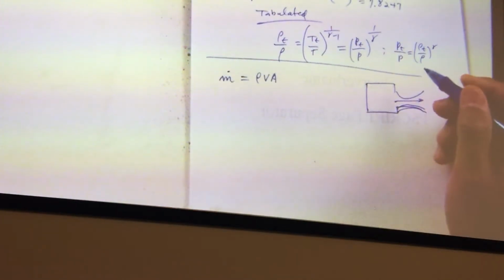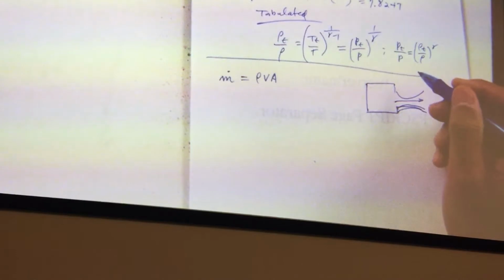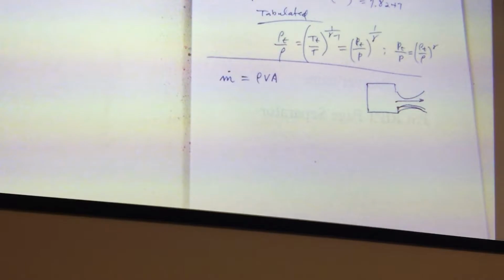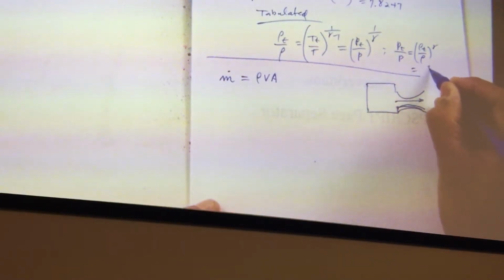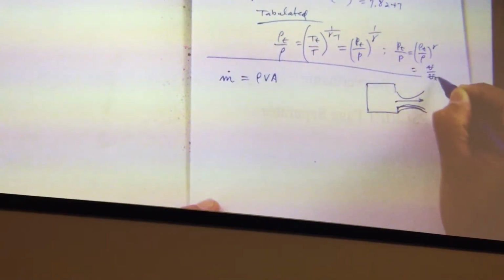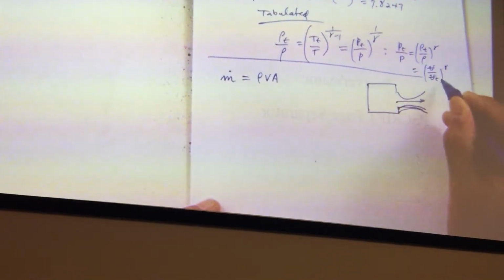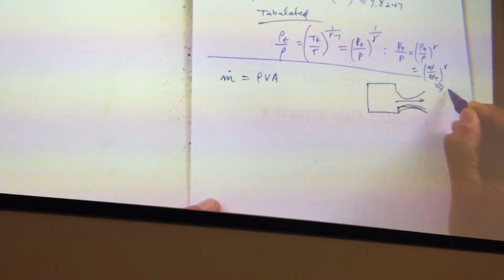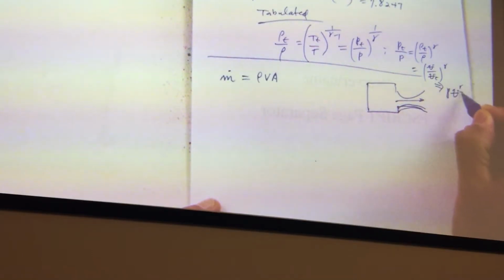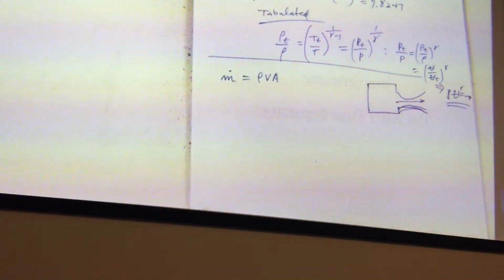Why don't you check the textbook for me? I think this is right, because this will give you P times rho to the power gamma equal to constant, which is an isentropic relationship.